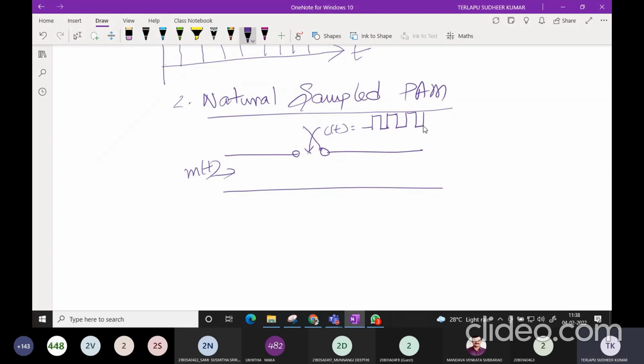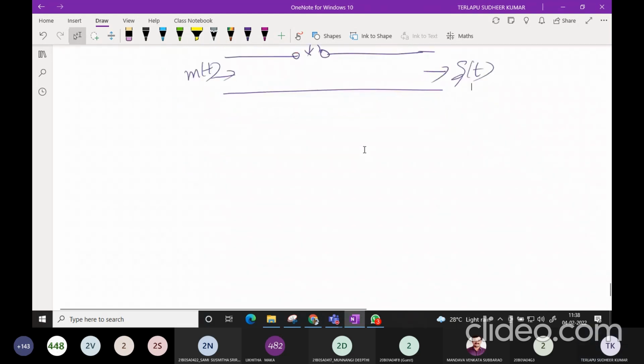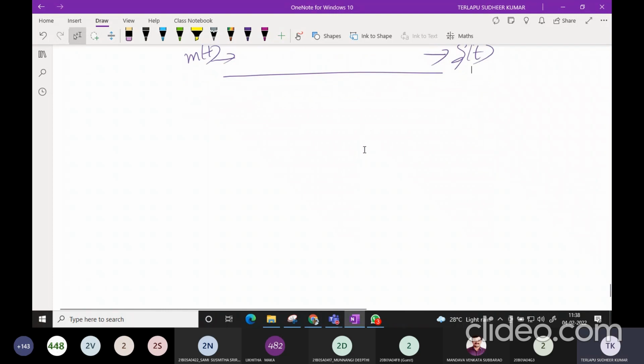C of t is a pulse train. So this is my output S of t. We'll see the waveform first, then we'll go for the mathematics later. I'll draw the waveform here.